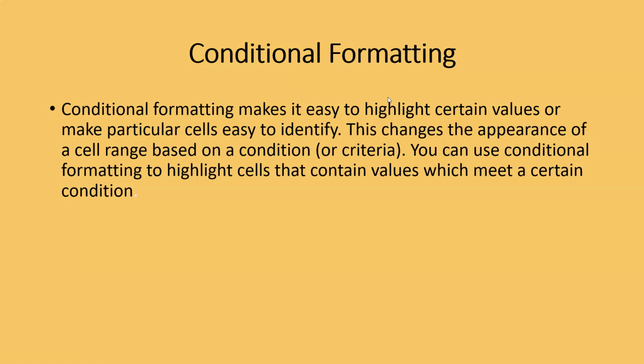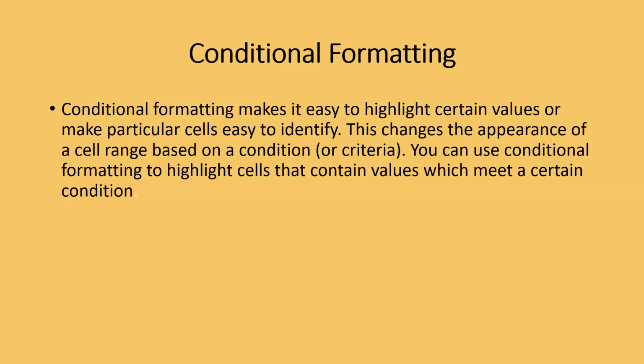Conditional formatting makes it easy to highlight certain values and make particular cells easy to identify. If you want some places in your data to be easy for people, such as management, to identify, then you're going to be using conditional formatting. This will change the appearance of that cell or the range of cells you selected based on a condition.